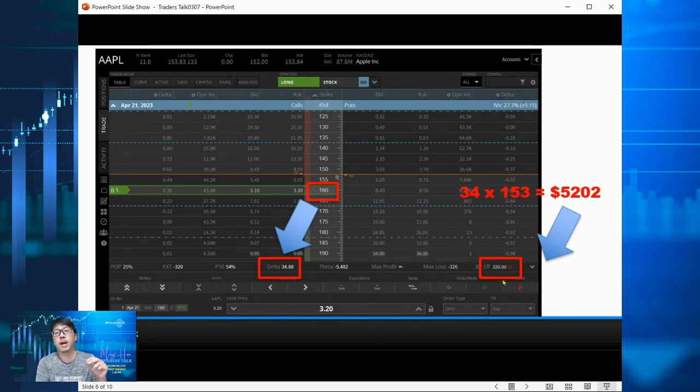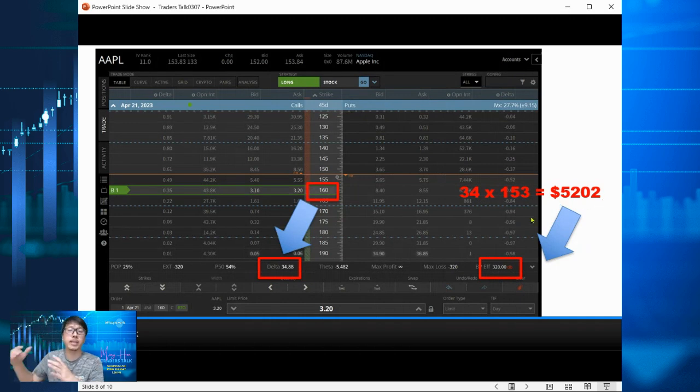Basically, you are paying $320 to control 100 shares. You can also buy the shares outright without using options, but that would cost you $5,200 to buy 34 Apple shares at $153.